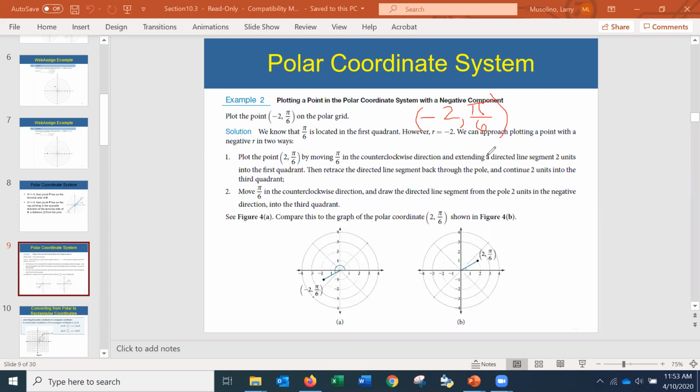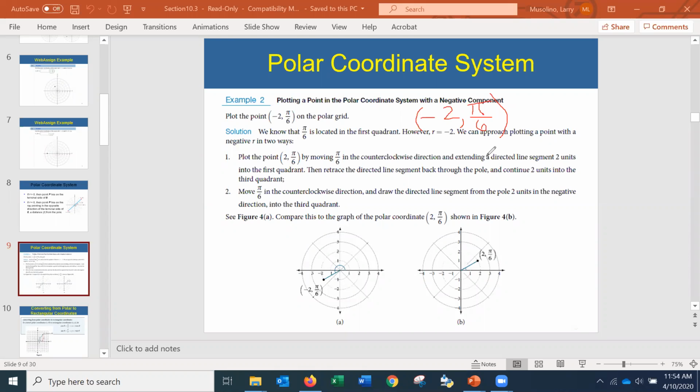That doesn't quite make sense if r is like the distance you travel. Well, r is the distance you travel, but it's a directed distance. So r equal -2 means walk in the opposite direction as if r equals 2.